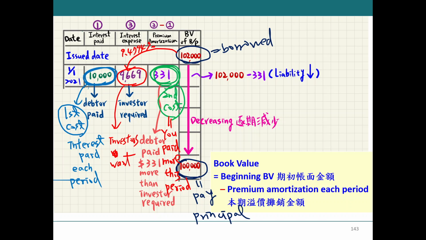okay? So at the beginning, how much liability do you have? $102,000, that's the money you borrow. But when you pay $331 more, that will make your liability decrease, okay? So you pay more from your second cost of borrowing.